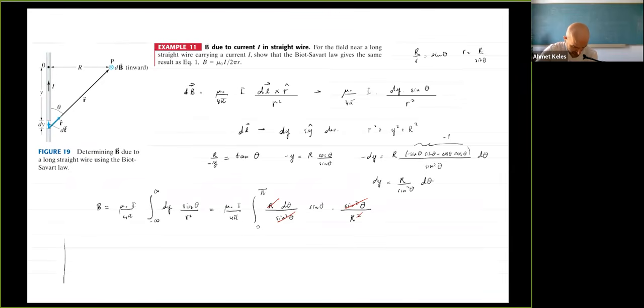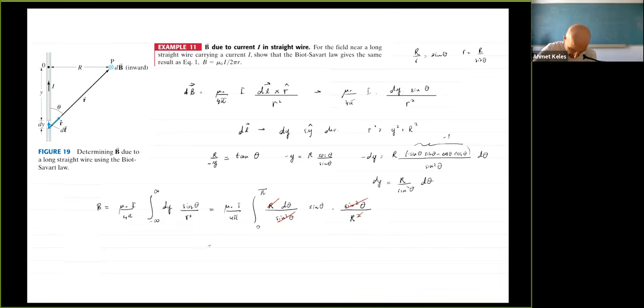Here is my theta. Here's my theta. Here's my theta. As I go, yes, it's going to go to pi. And now let's take this integral.